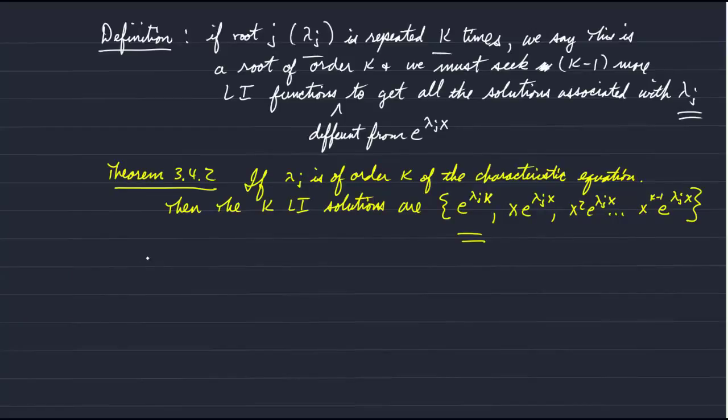So let's look at one example here. We have y quadruple prime minus y double prime is equal to 0. So here's a fourth order ODE. And the characteristic equation here is lambda to the fourth minus lambda squared is equal to 0.